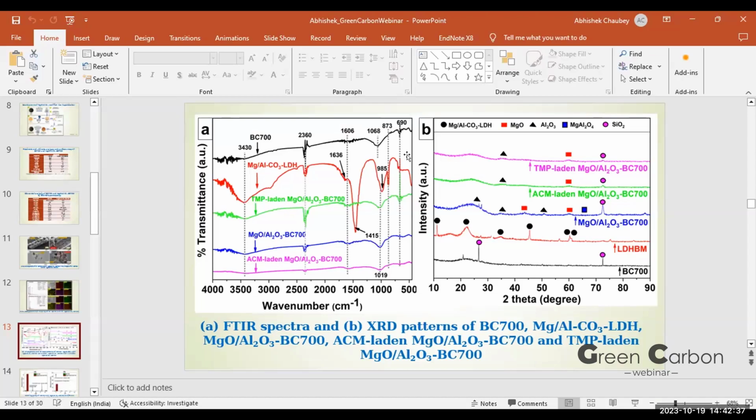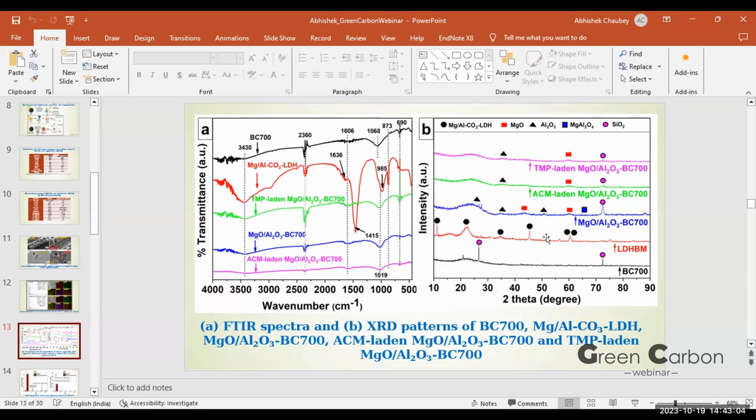Similarly, in the case of XRD, the biochar was majorly graphitic carbon as well as silica, but after mixing the biomass with the Mg and Al salts, we get the typical LDH structure, with 2 theta degrees around 11, 23, 35, 45, and 60.